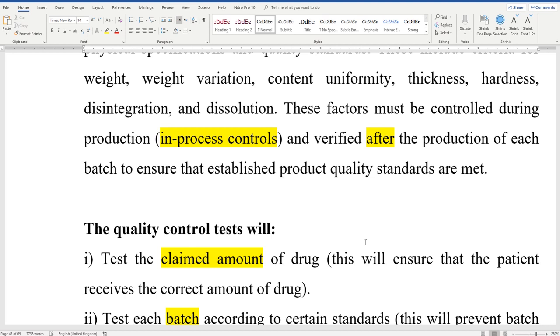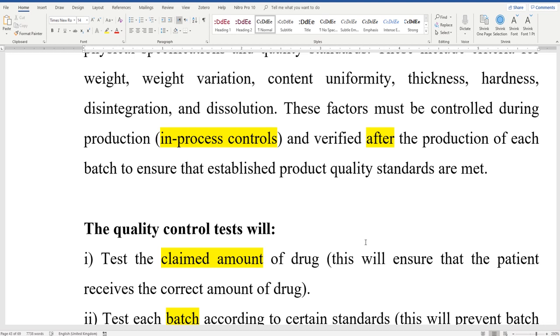If we are saying that Panadol tablets contain 500 milligrams each, then this should be accurate, right? So you want to test the claimed amount. Another thing, every time you produce a batch, the specification of the batch must be the same.